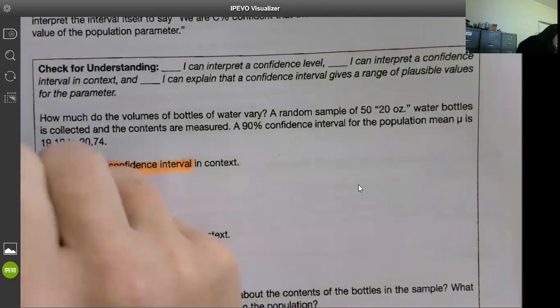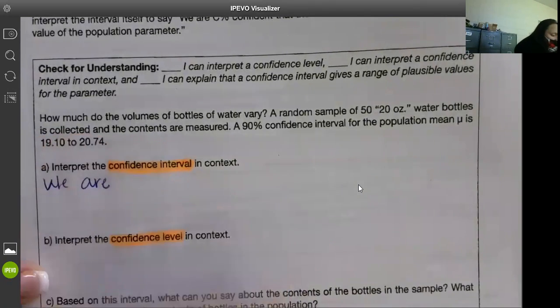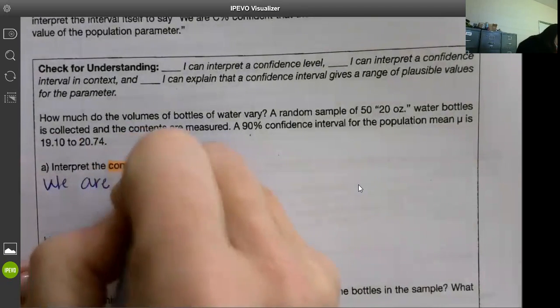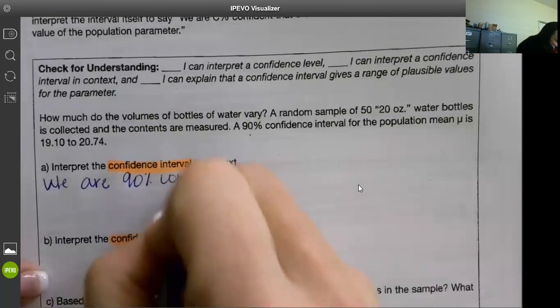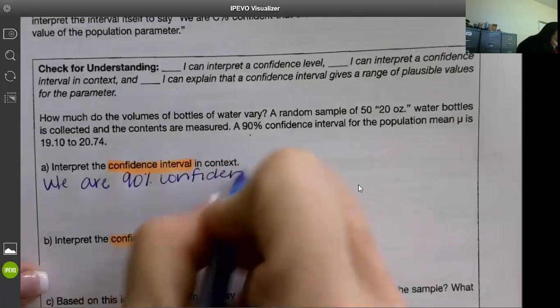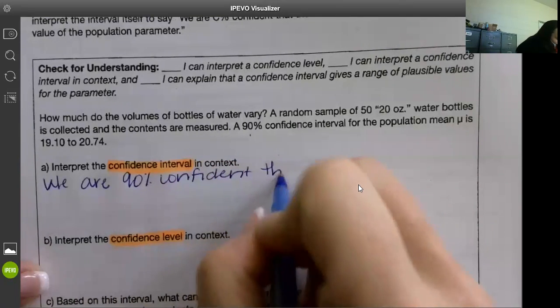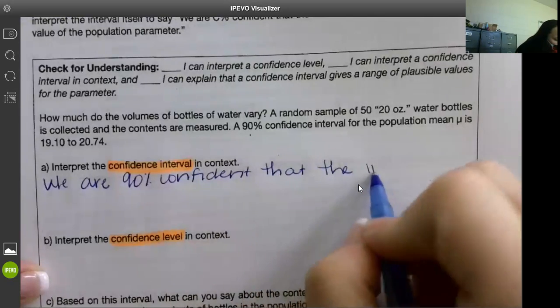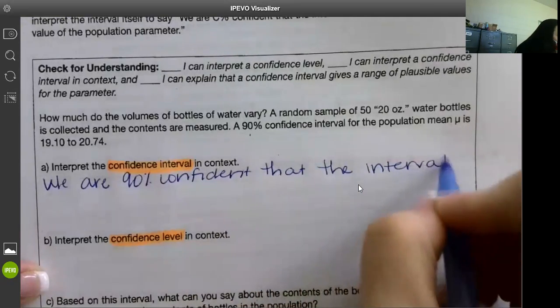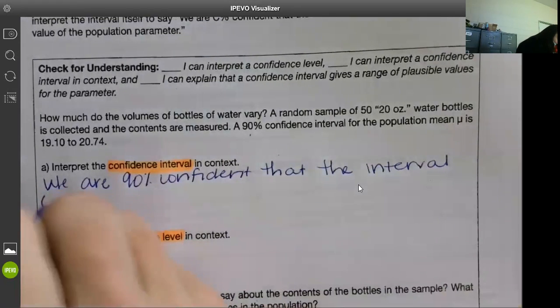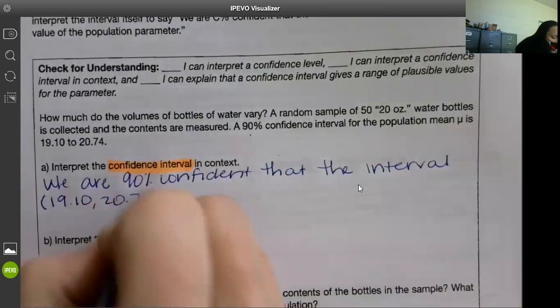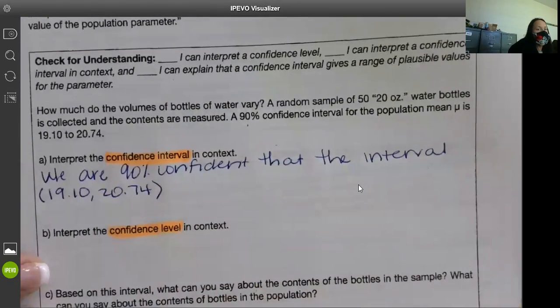So this one is: our confidence level was 90%. Confident that the interval 19.10 to 20.74, and you can write it as that, or you can write it as like a coordinate.